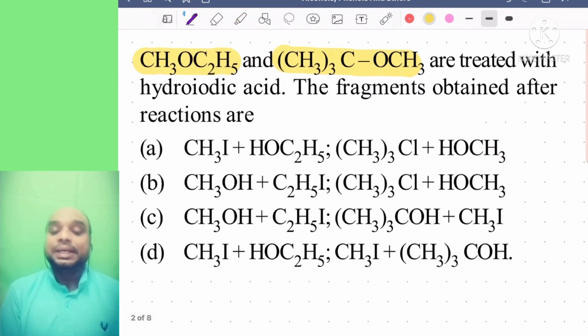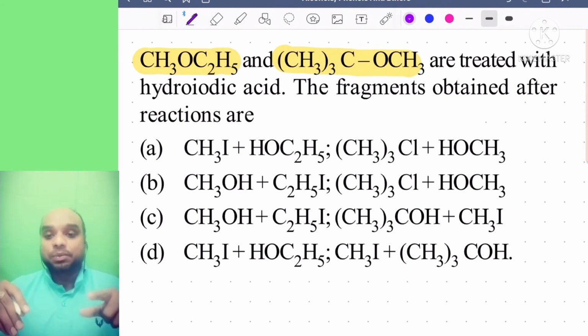In an ether undergoing decomposition, if it is able to provide a stable carbocation, it will undergo the SN1 mechanism. If it is not able to provide a stable carbocation, it follows the SN2 mechanism. SN2 mechanism means the smallest group will undergo nucleophilic substitution, that means it combines with iodine.